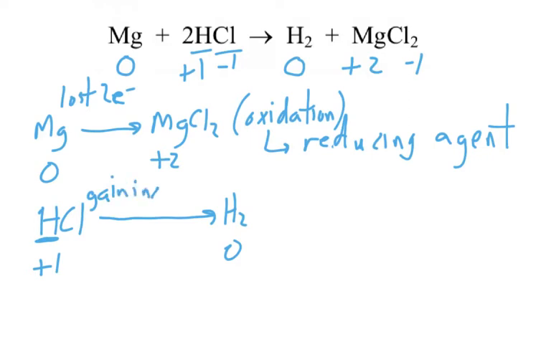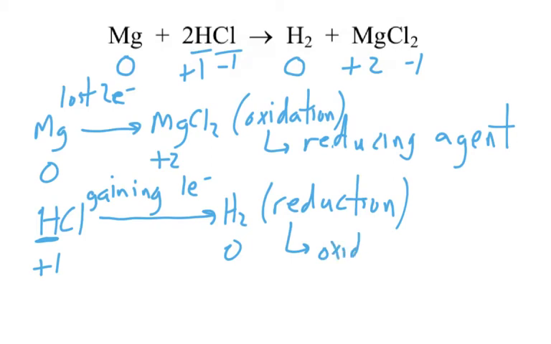So here, the hydrogen went from being +1 to 0. It gains 1 electron here. Okay? Since he's gaining electrons, he underwent reduction. And if you undergo reduction, that means that HCl is the species that is considered the oxidizing agent.